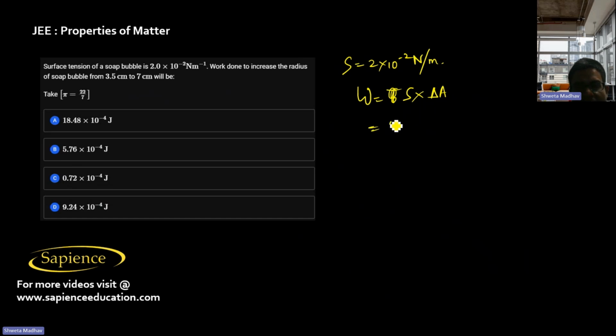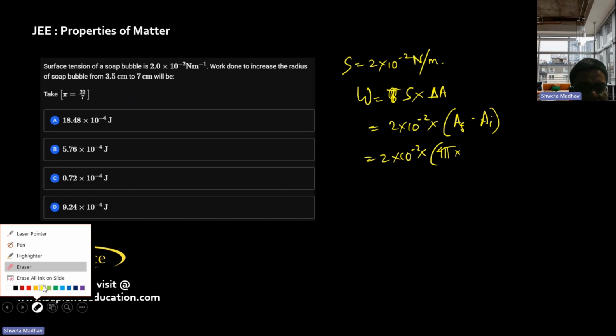The surface tension is 2 into 10 power minus 2, and the increase in the surface area means final surface area minus initial surface area. The final surface area is 4 pi r square, 4 pi into 7 square, but it is given in centimeter, so we have to convert into meter also.